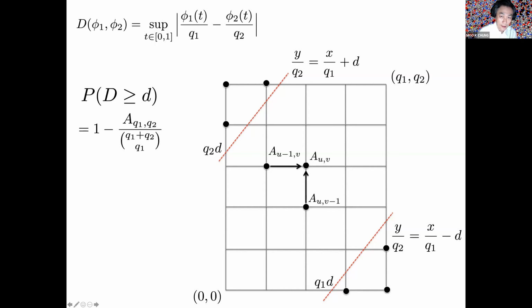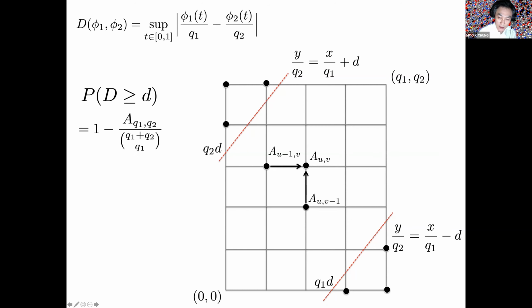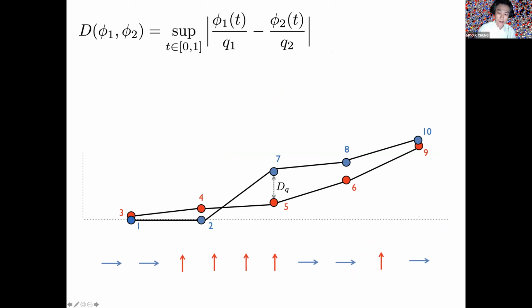Why? Look at this statistic. If this statistic is bigger, that means there's a big gap. Sorry, there's a typo. It's not DQ, it's D. If D is big, that usually means there's a gap between these two monotone paths.